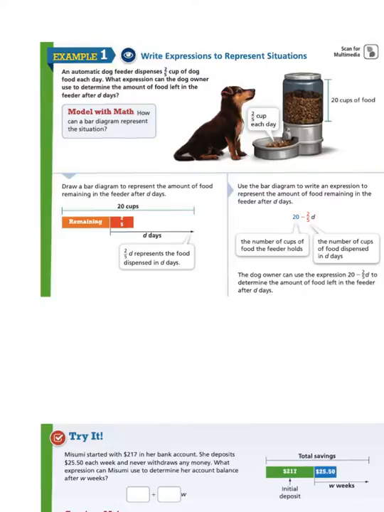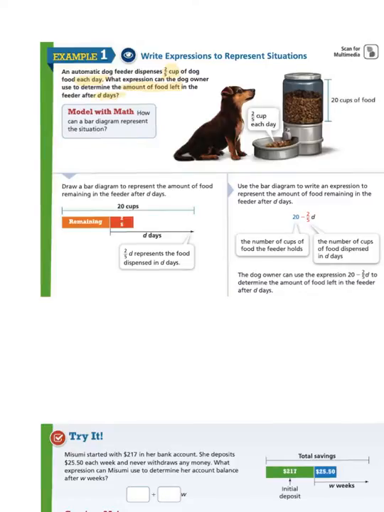So I want you to read it once, then read it a second time and highlight, circle, or underline the key important parts. So, an automatic dog feeder dispenses 2/5 a cup of dog food each day. What expression can the dog owner use to determine the amount of food left in the feeder after D days?